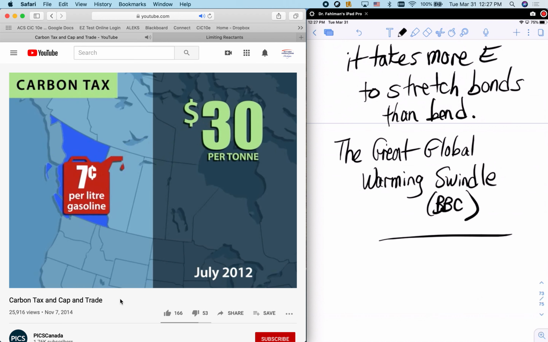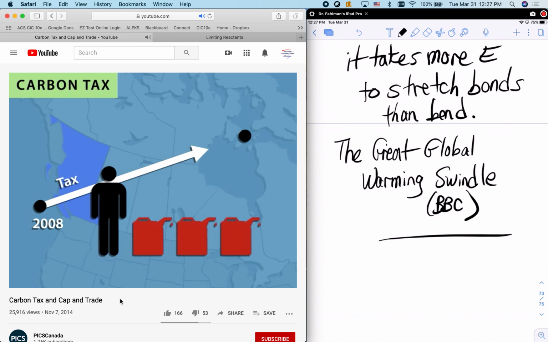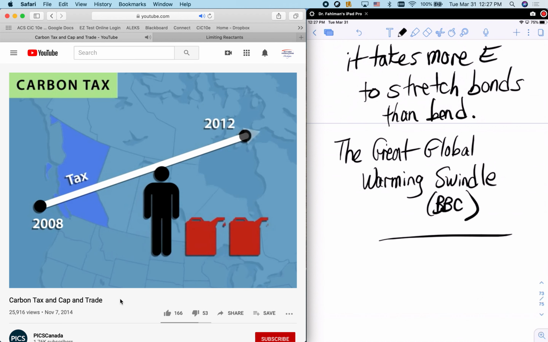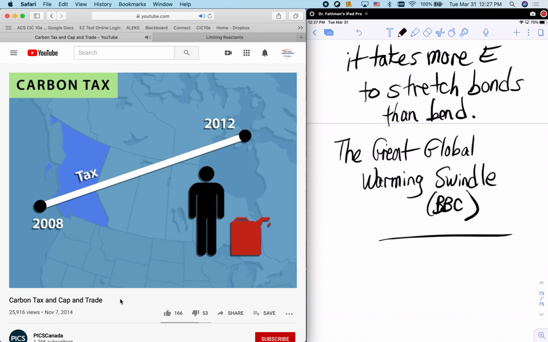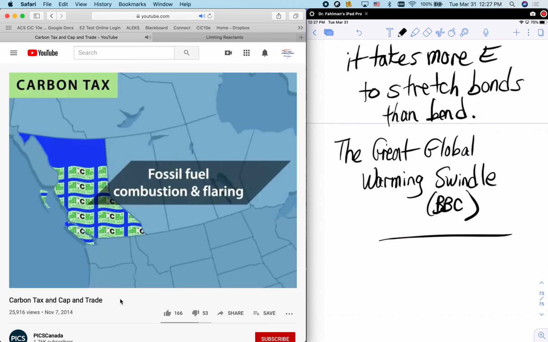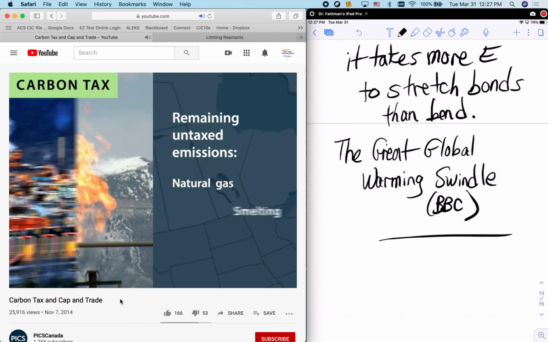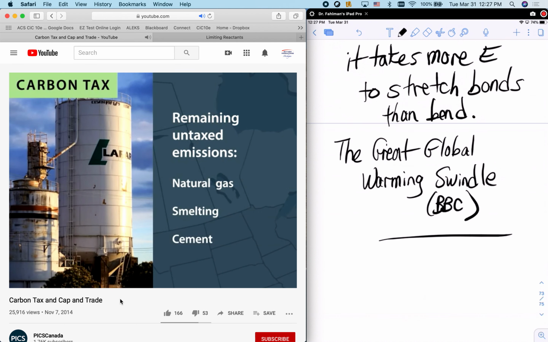This adds 7 cents to the cost of a litre of gasoline in British Columbia. By scheduling the annual increases as much as 5 years in advance, consumers were sent a progressive signal that encouraged less fossil fuel use. British Columbia's carbon tax covers about 3/4 of the province's total emissions. These are generated mainly from fossil fuel combustion and include natural gas flaring. The remaining untaxed emissions largely result from industrial processes in the natural gas, smelting, and cement industries that do not involve combustion of fossil fuels.